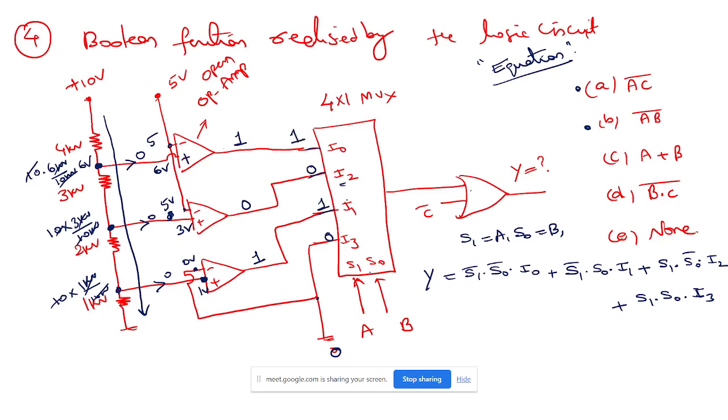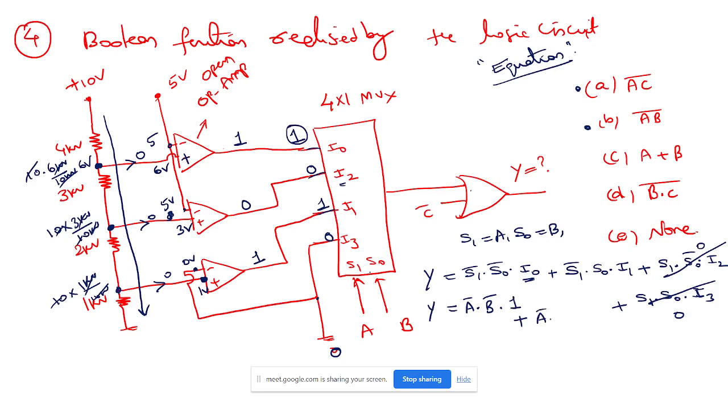Substitute those values. I2 and I3 are 0. I2 is 0, which means that term will be 0. I3 will be 0, so we don't need to bother about that. What is S1? A complement. S0 is B complement. What is I0? I0 is 1. Plus, what is S1?